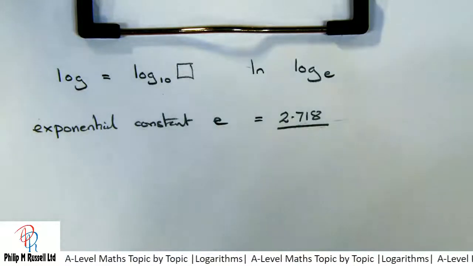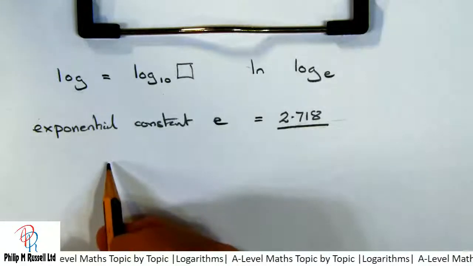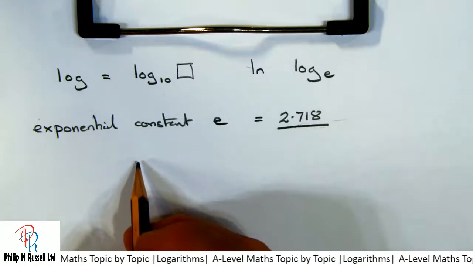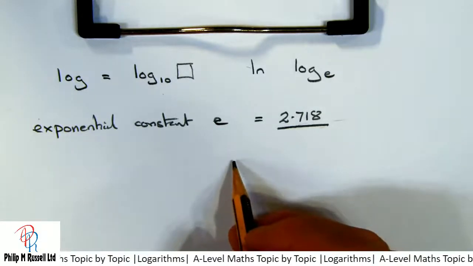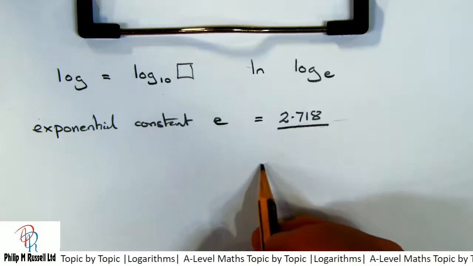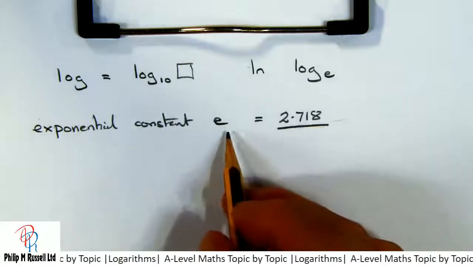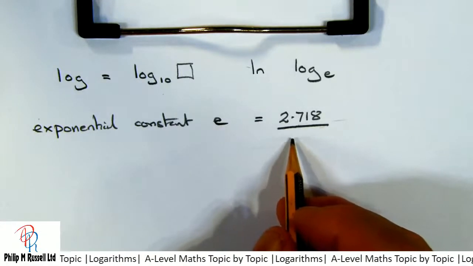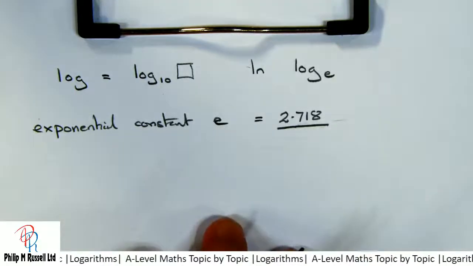Now, why do we use this peculiar number? Well, we use base e because most physical systems, most biological systems, most chemical systems, and a lot of things like economic systems, they all are based on this e, this natural logarithm. Why do we use base 10?